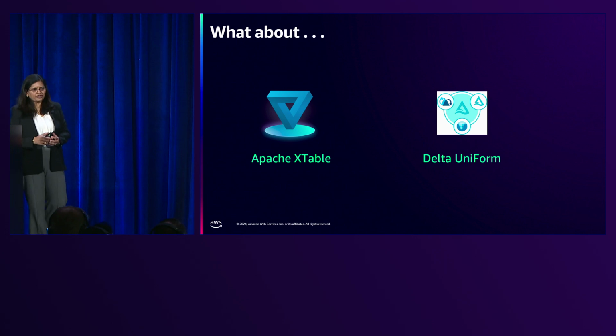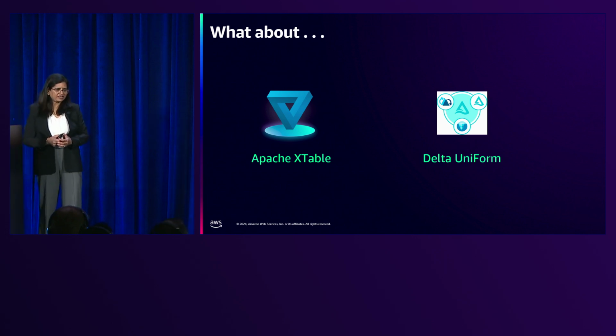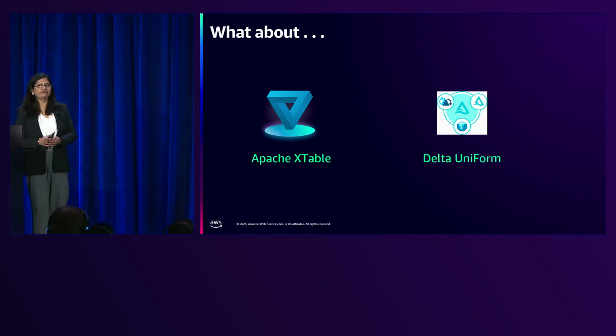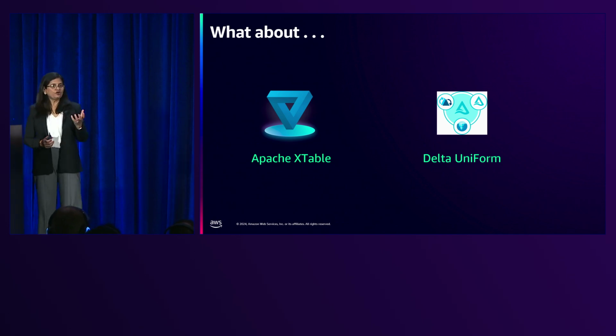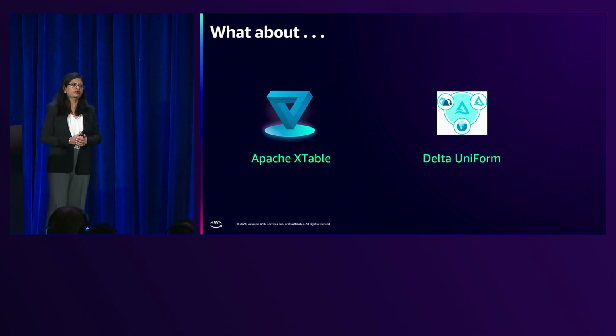But you might be wondering, what about Xtable and Delta Uniform? For those of you who have heard this term or not heard this term, these are new projects that started in the open source community, and the purpose of these tools is to provide interoperability among the open table formats as well.